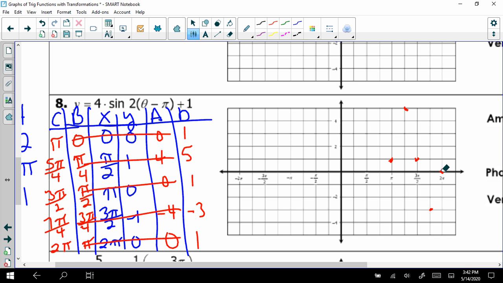So one complete cycle is doing this. And then that's just going to pop right back up and come right back down. And this is going to come down to negative 3, back up to 5, and it's just going to continue doing that.